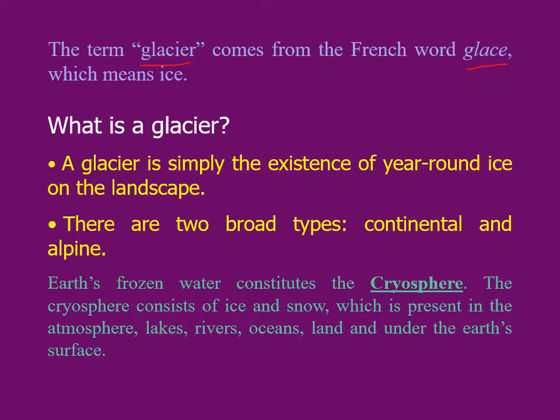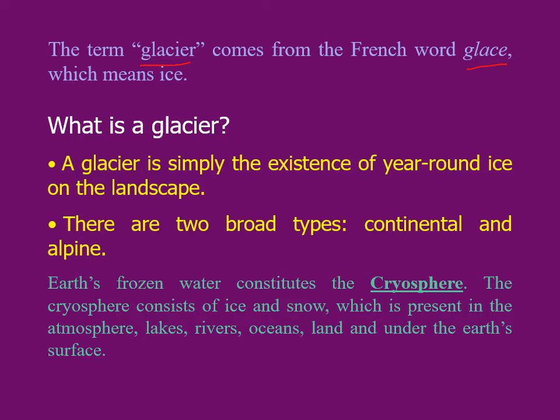To call a landscape a glacial landscape or glacial environment, it must be covered by glacial ice throughout the entire year. Occasional coverage of ice in an area is not considered within the glacial environment.